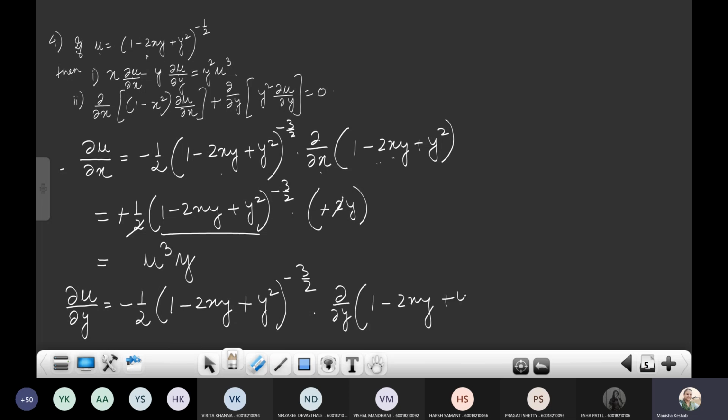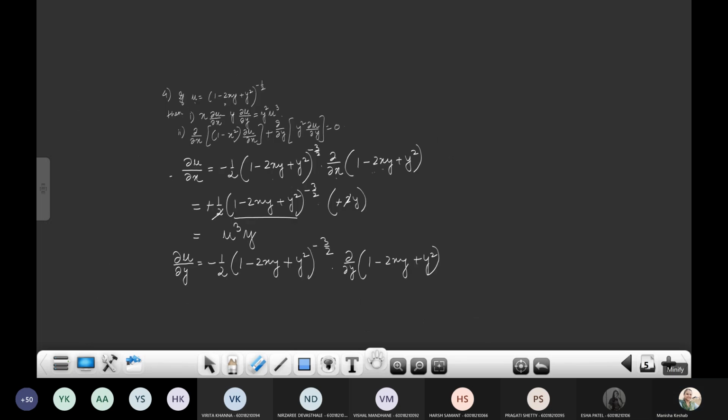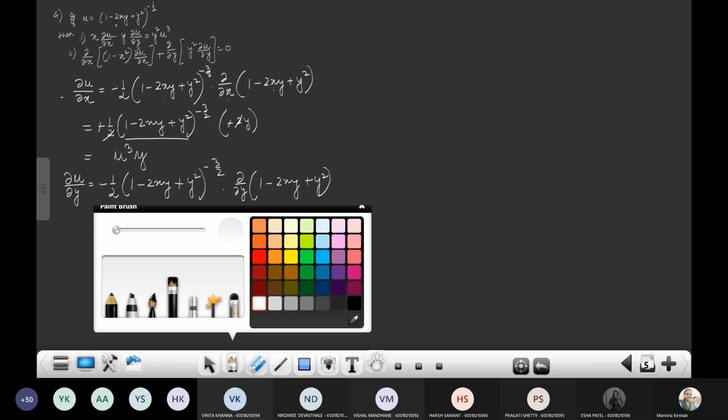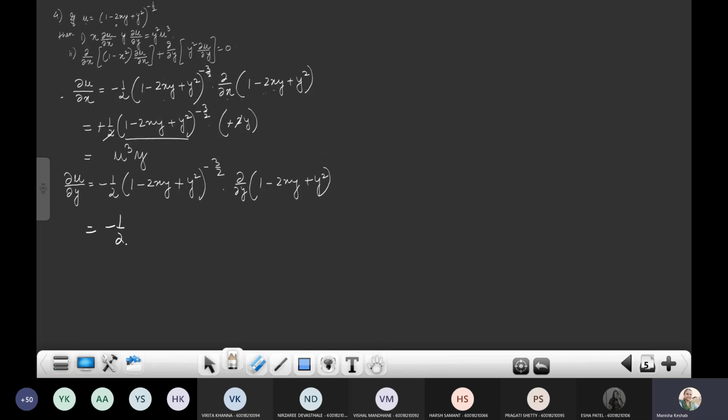So minus 2xy plus y squared, which is equal to, now minus half into, now this is nothing but my u cube into, now if I differentiate this with respect to y, so I'll get minus 2x plus 2y. Okay. So which will give me x minus y into u cube. So this 2 and 2 cancel, take out minus sign, so we'll get x minus y into u cube.